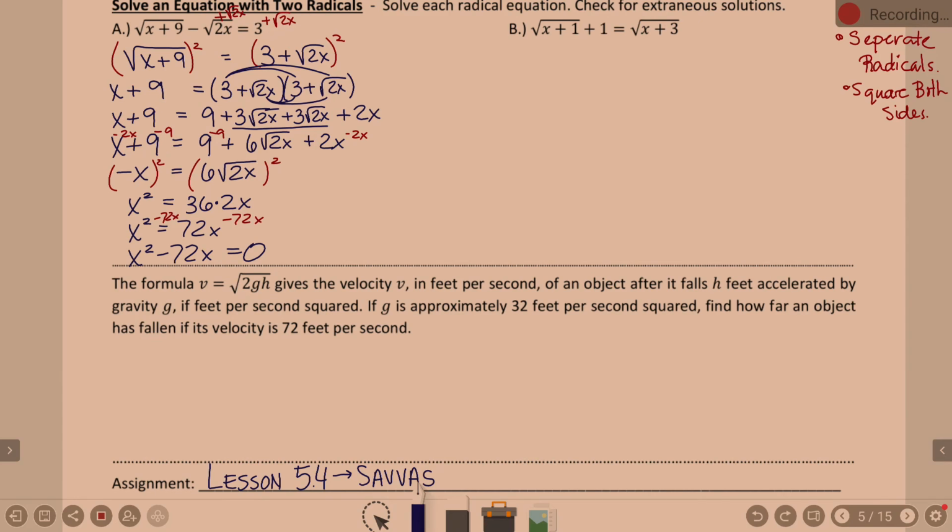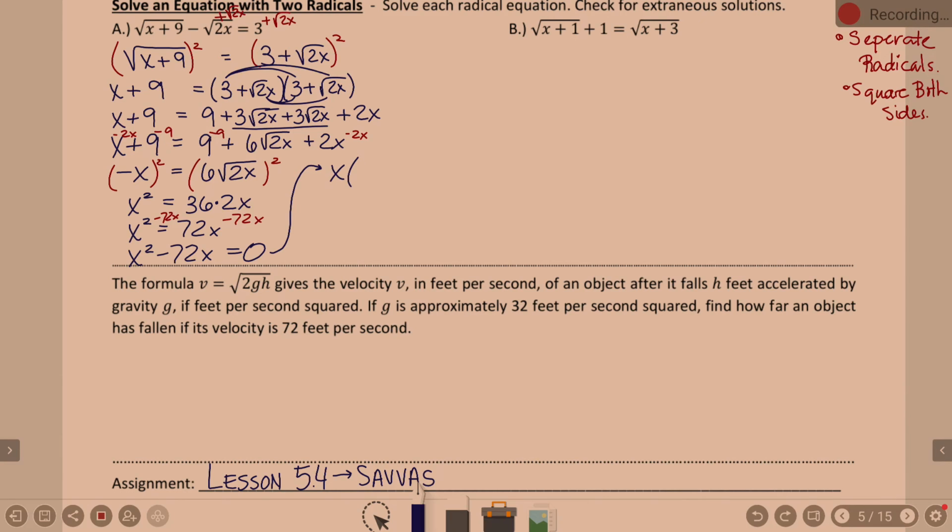How do you factor that? What do x squared and 72x have in common? An x. So they have a GCF of x. Yes? So we're going to factor out that GCF of x.